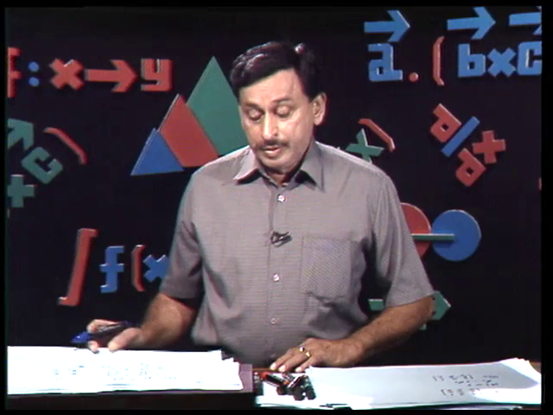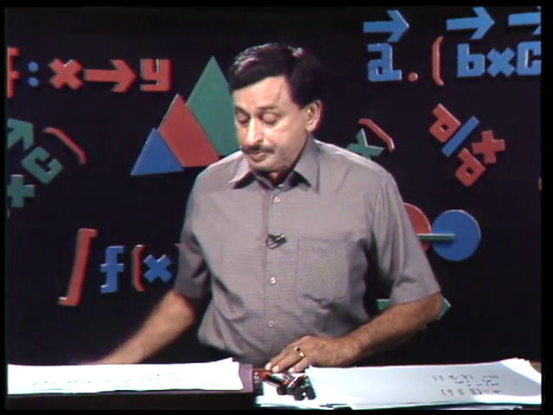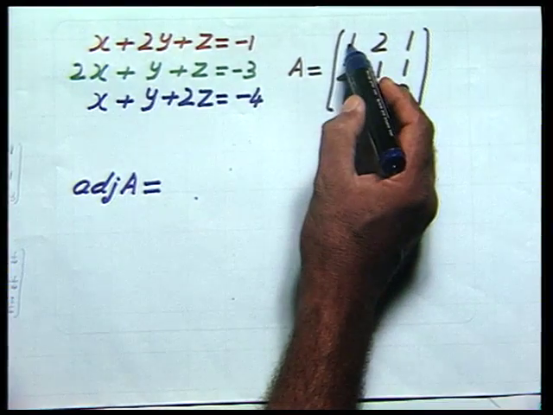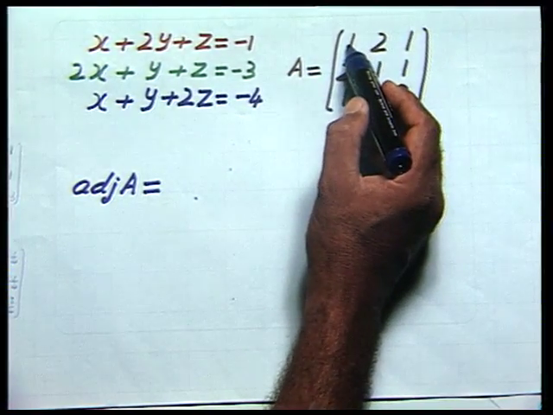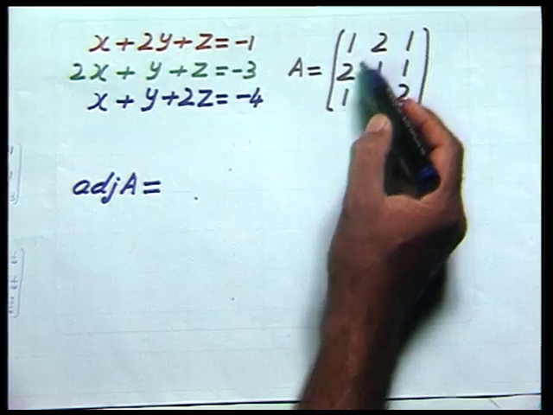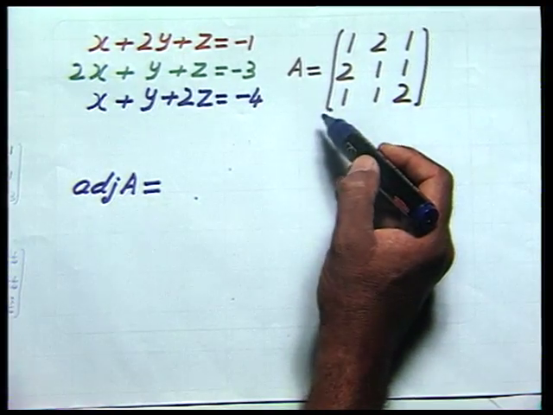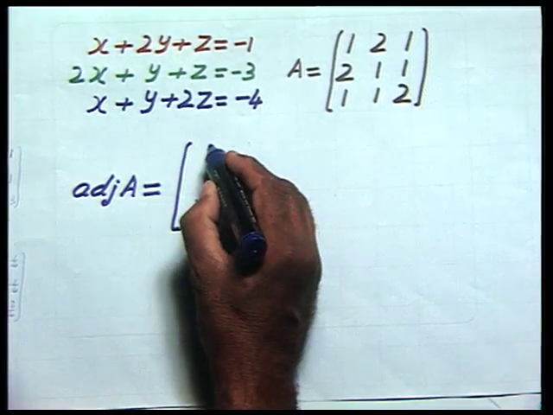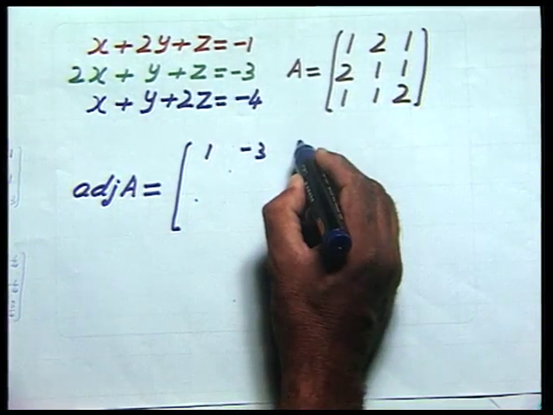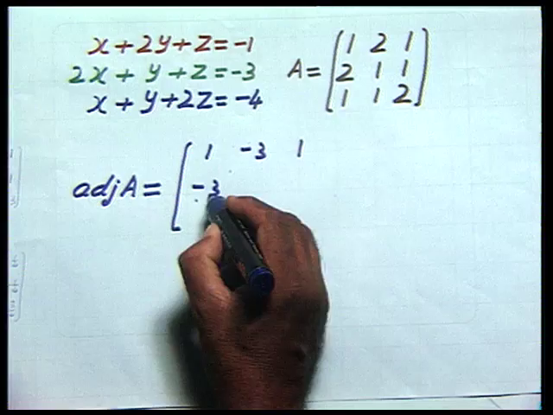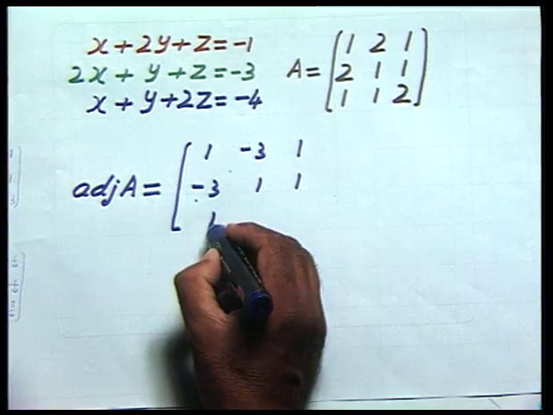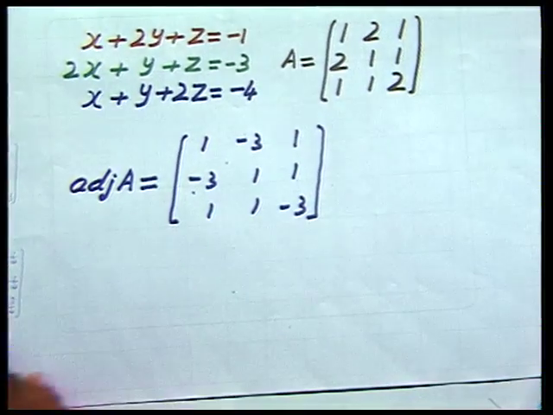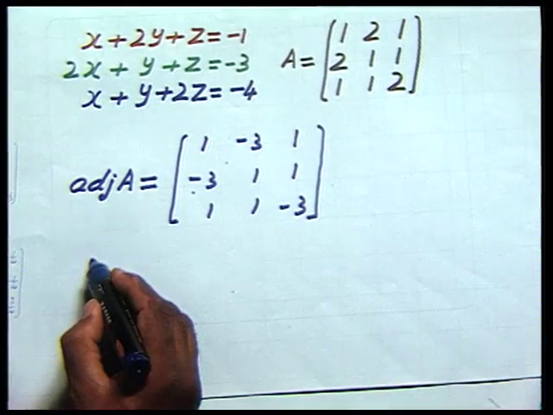Adjoint of A, by the similar method, we put down the cofactors, the cofactor of this coming at the same place, then the cofactor of this going here. By that very change, we write down that the adjoint is 1, minus 3, 1, minus 3, 1, 1, 1, 1, minus 3, and the inverse of A is going to be what?